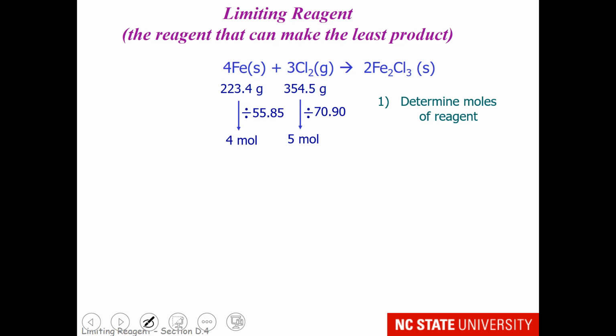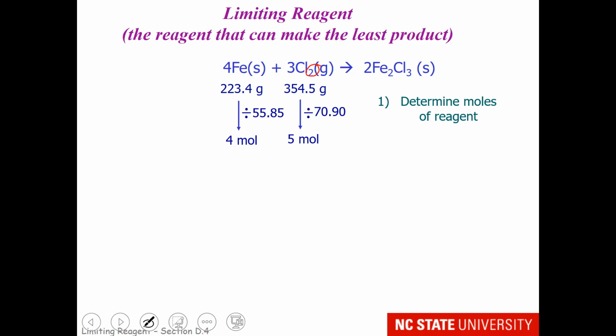For the chlorine, I am going to have to remember to use the mass for 2 chlorines. One is 35.5, so 2 chlorines in a Cl2 molecule would be 70.9. When I take 354.5 and divide by 70.9, I wind up with 5 moles.